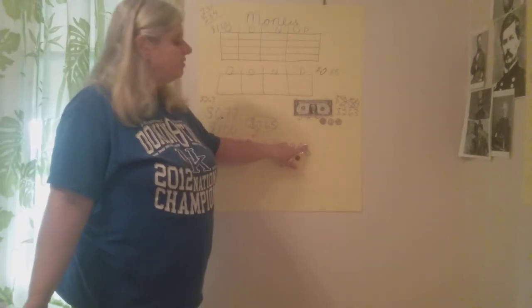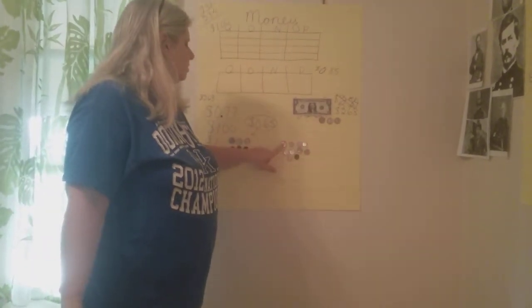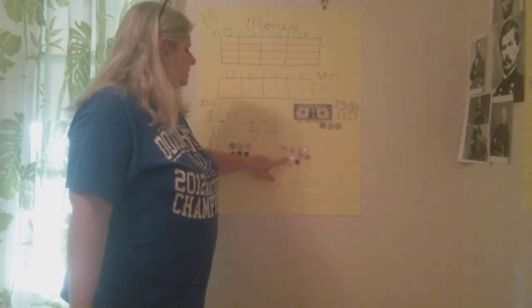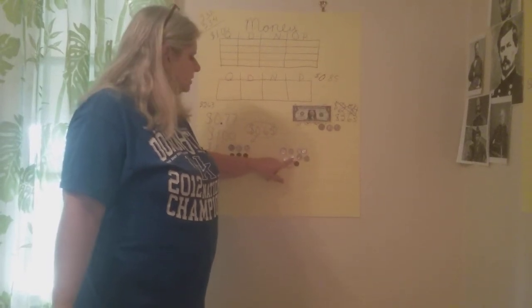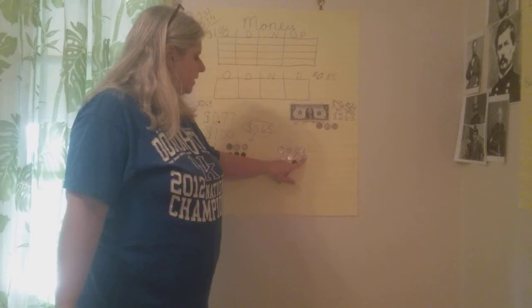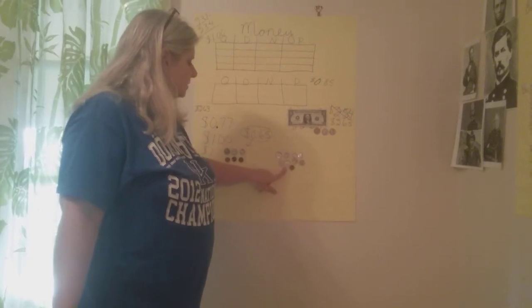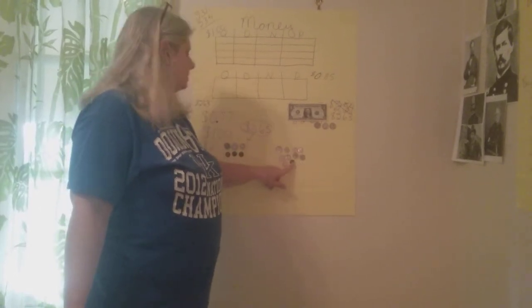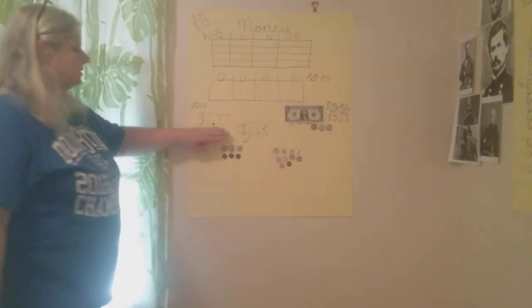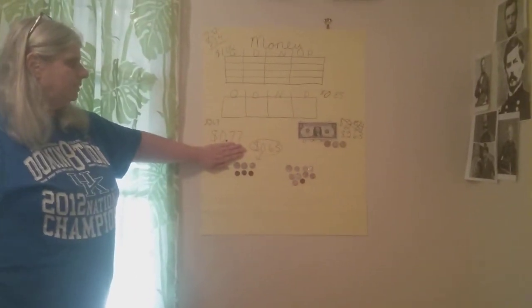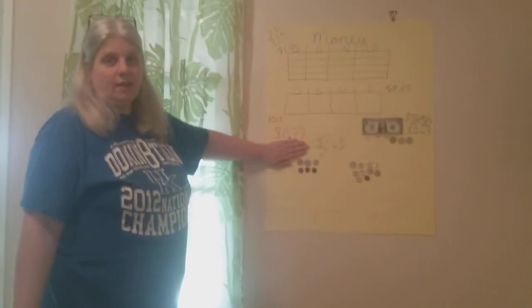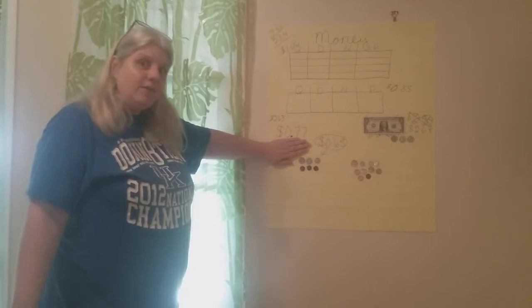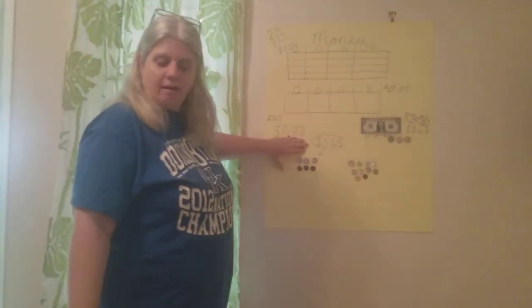Now we're all out of dimes. We're going to go to nickels. 60, 65, 70, 75, 76, 77. Remember, this is how we write 77 cents. So please do that on number 7. 7 is 77. There's a lot of 7s there.